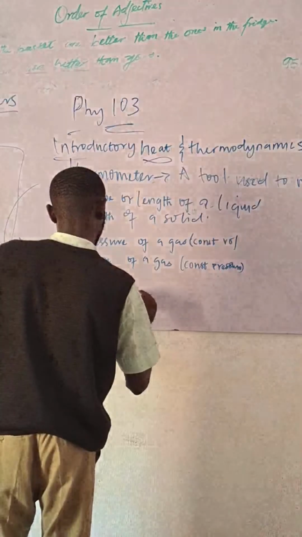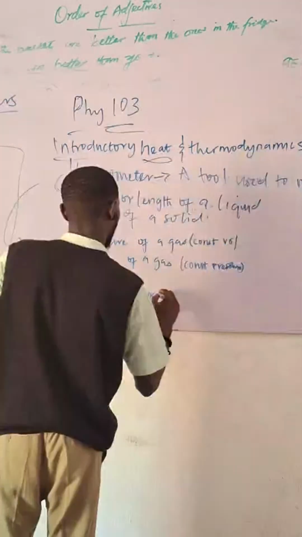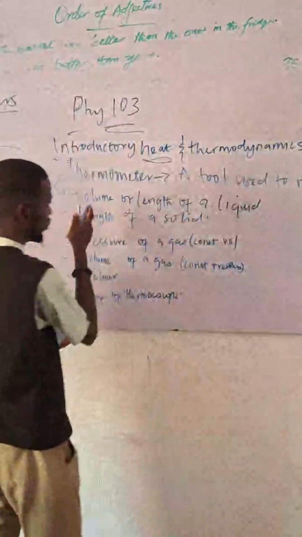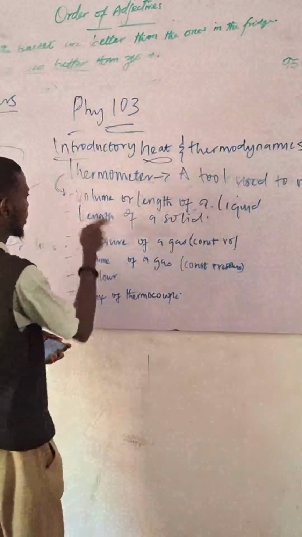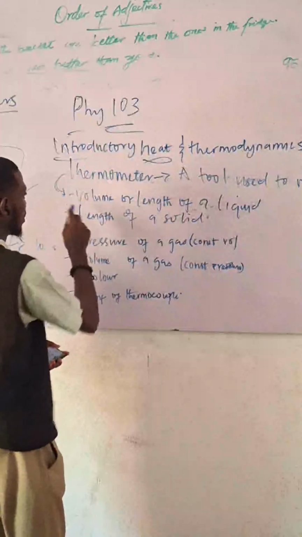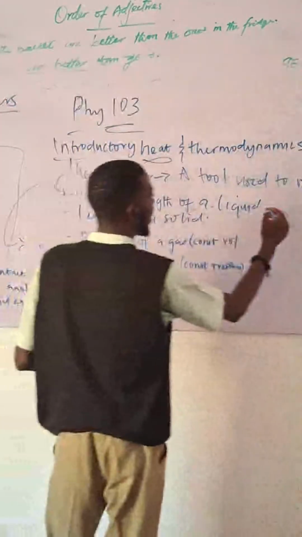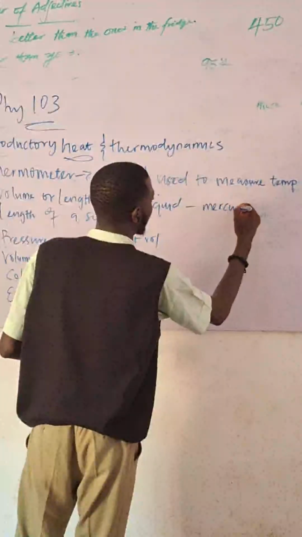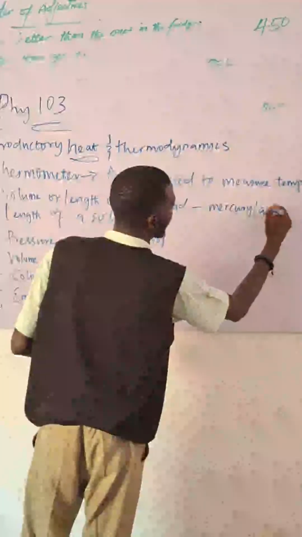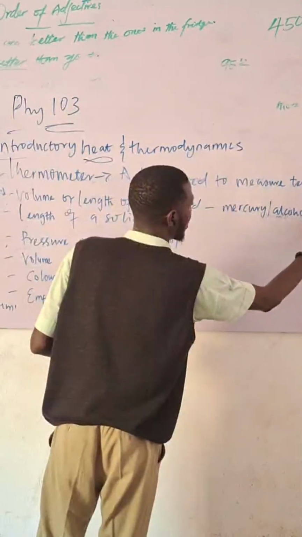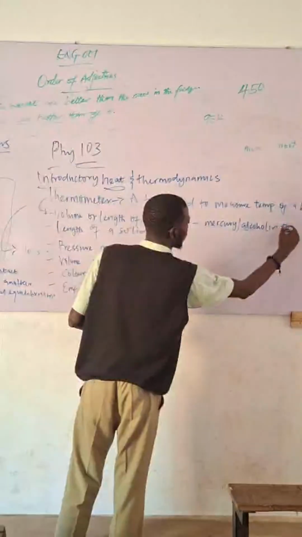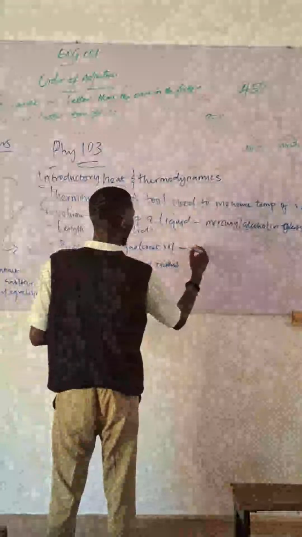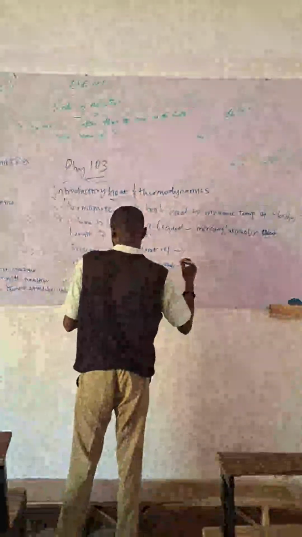All these are still the introductory parts to Physics 103. They are basic things we knew before. It's just trying to quickly restore the basic definitions that we know before we now go deeper into new things.